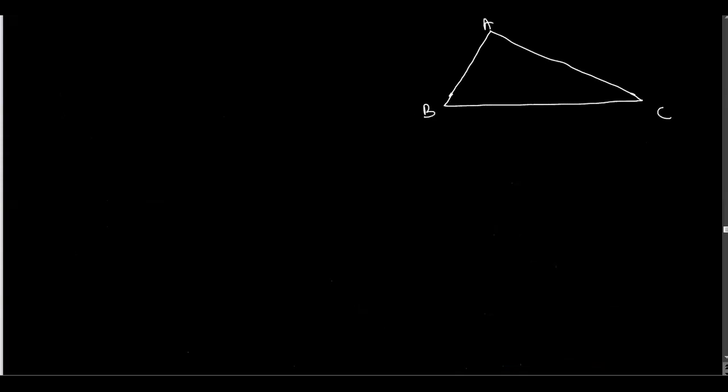ABC is right angle triangle, and here we have AD such that DC is equals to 3BD.